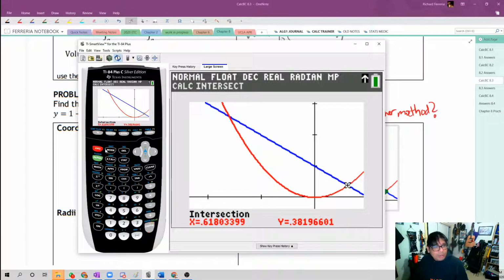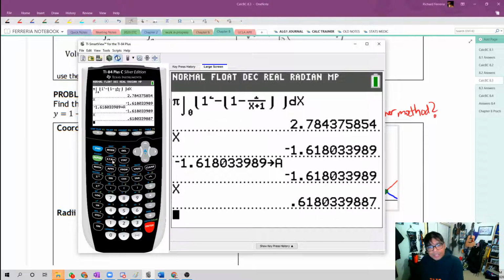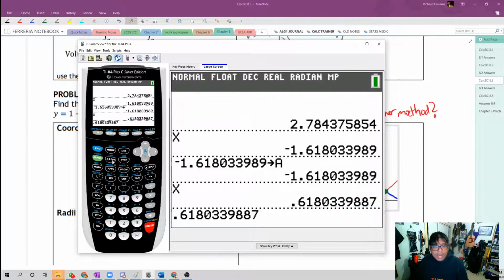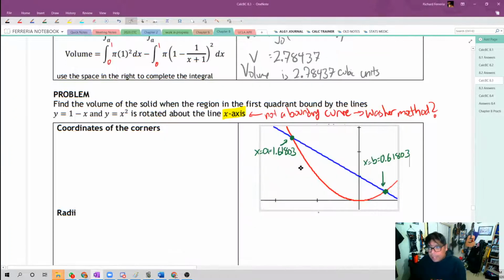Let's go to the home screen, call up that value. Notice that x has changed to that value now. We're going to grab that and store that as b. Back on our paper, we're going to write down that the x-coordinate equals b, which is equal to 0.61803. So now I can use b in my work.